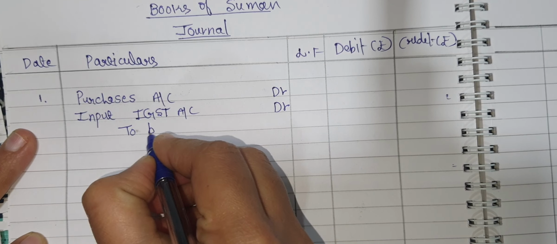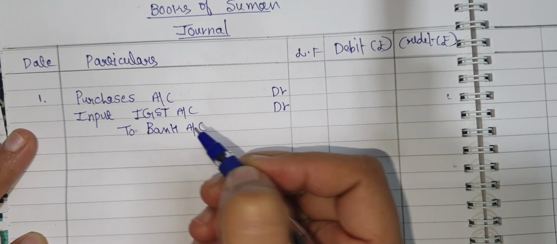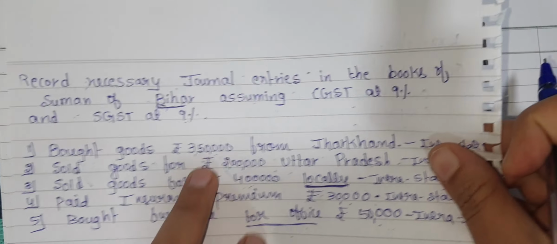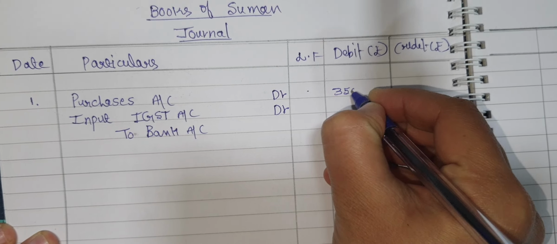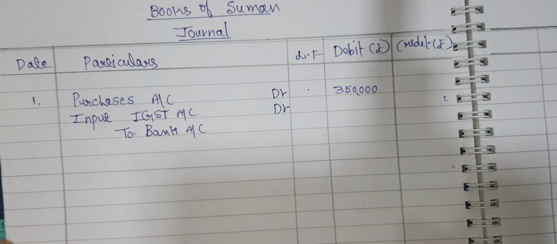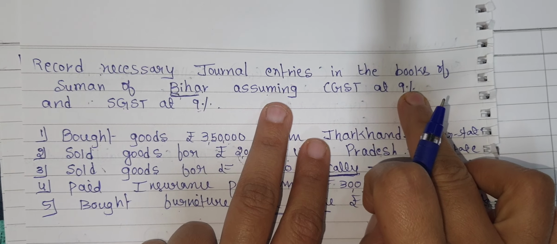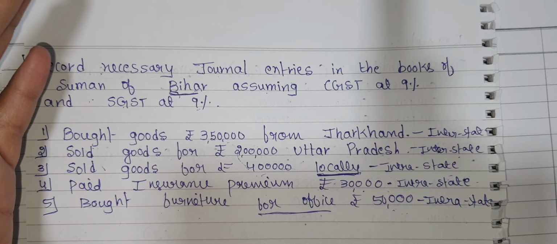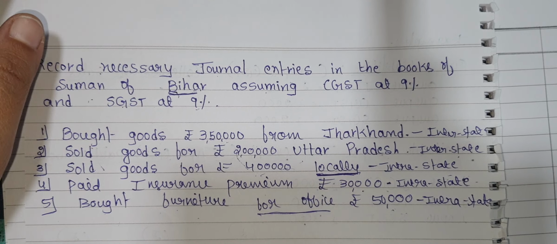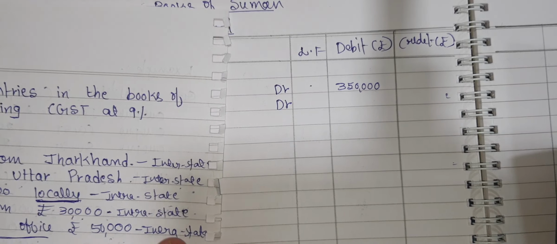To bank account, or cash account to bank account. Purchases, the value of goods, that is rupees 3,50,000, and input IGST. See here, CGST at 9% and SGST at 9% means we need to add CGST plus SGST, so 18% will come.